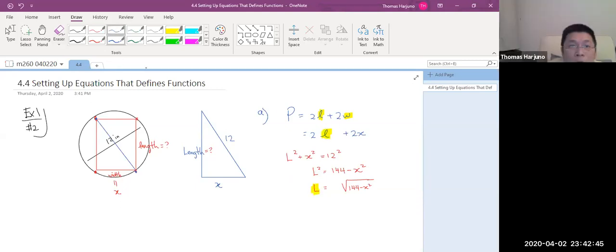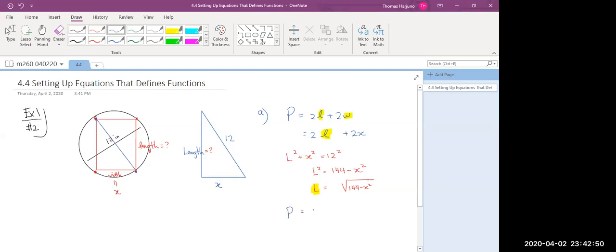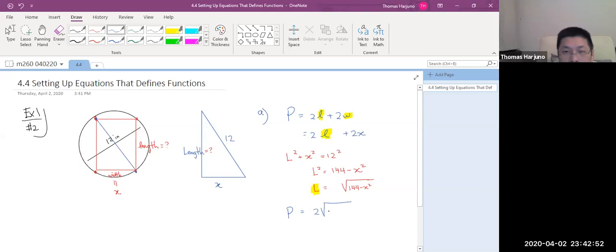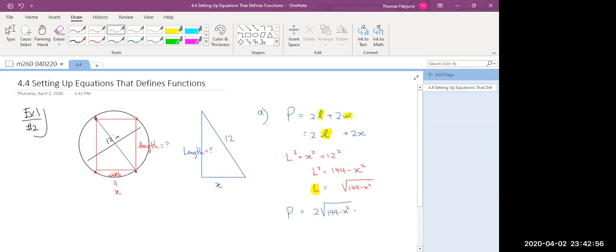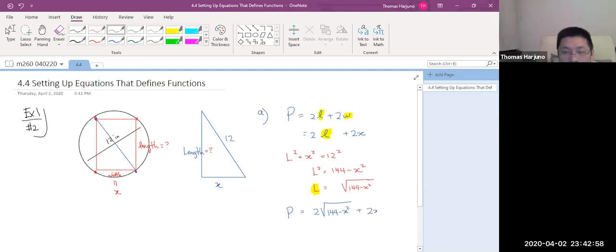Now, that's the L that I will replace here. So if I go back to my perimeter, that will be 2 times the square root of 144 minus x squared plus 2x. To be more precise, because the question wanted us to write the perimeter as a function of x, we're supposed to write P of x.